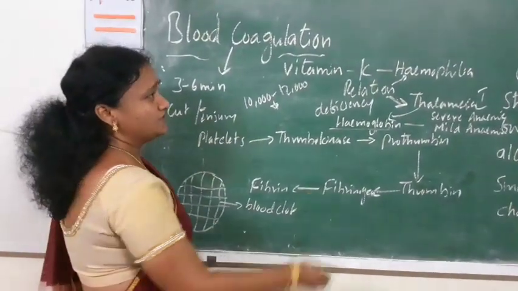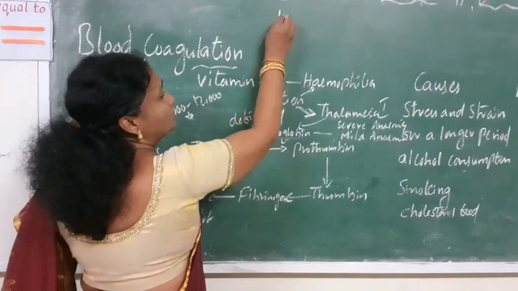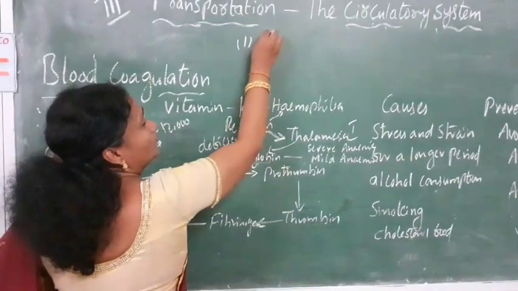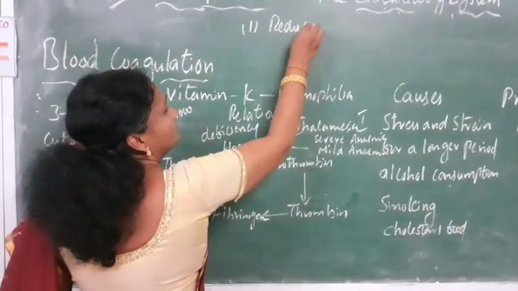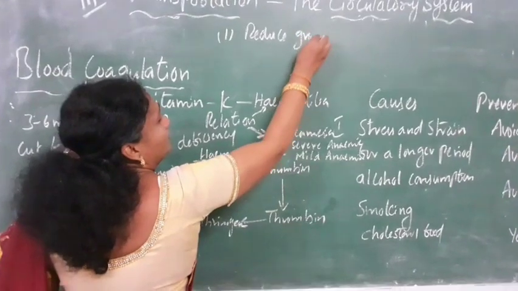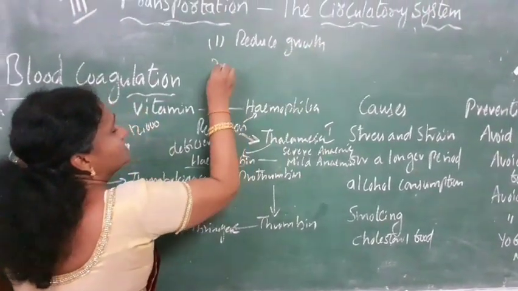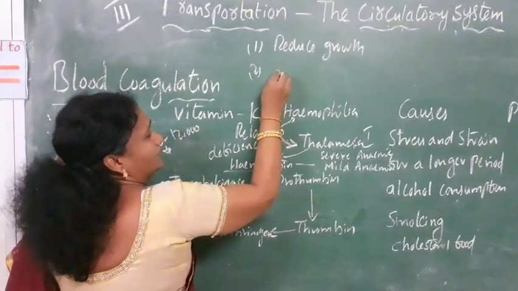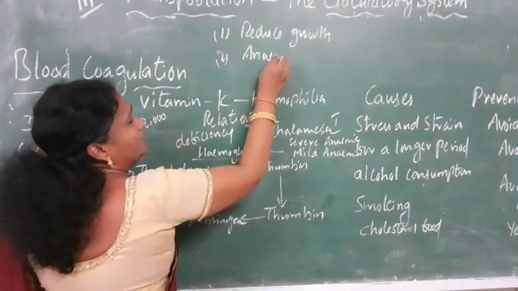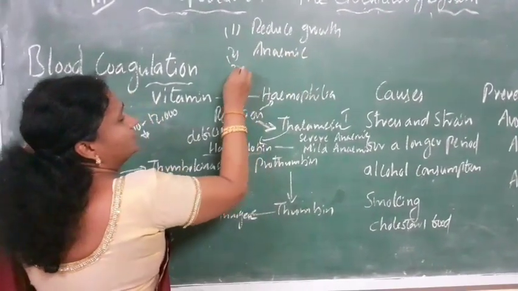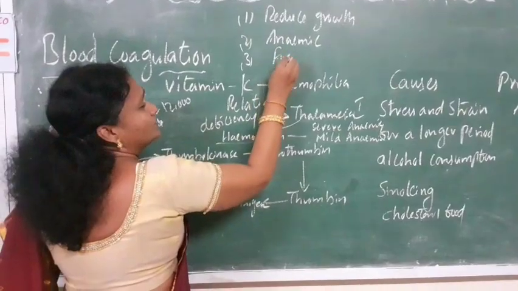Mostly the children with thalassemia will show these symptoms: first, we observe reduced growth; second, they will be severely anemic; and third, we observe fragile bones.